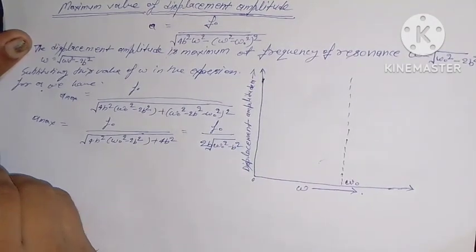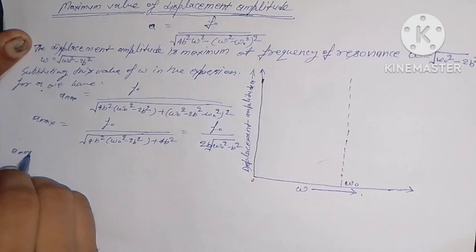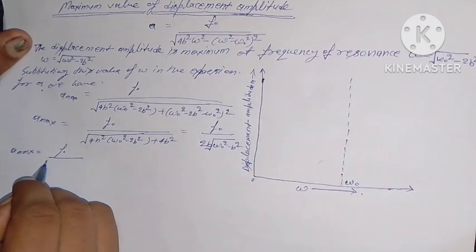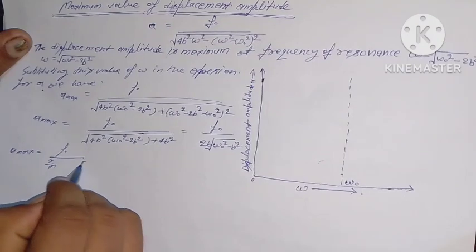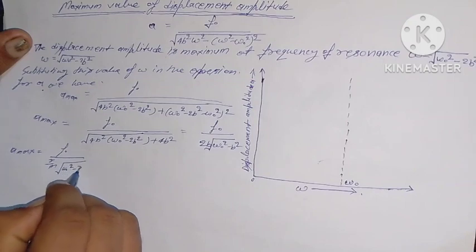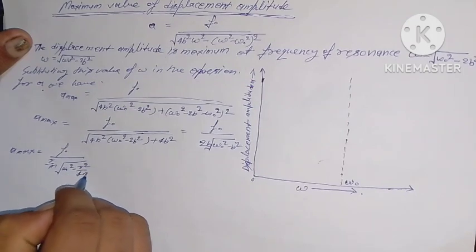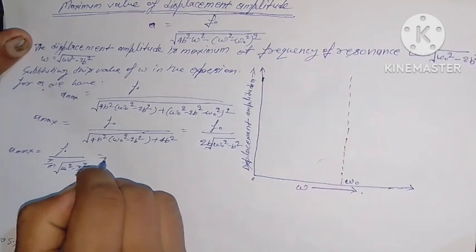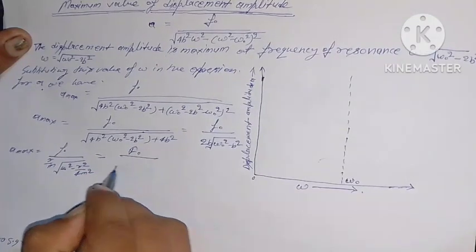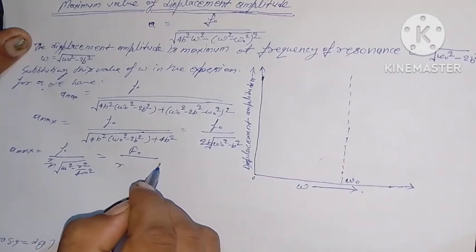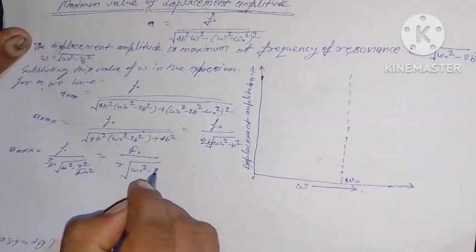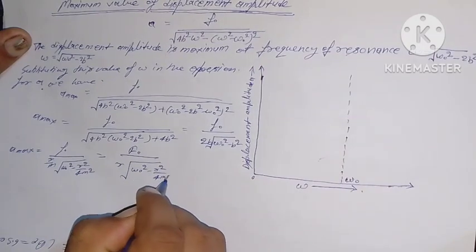That is A max equal to f naught upon r by m under root of omega naught square minus r square by 4m square, that is f naught upon r under root of omega naught square minus r square by 4m square.